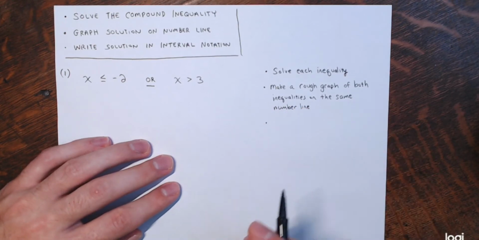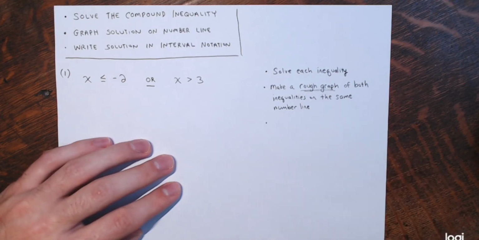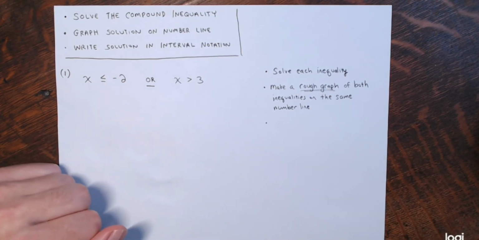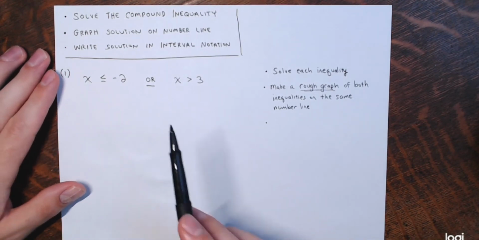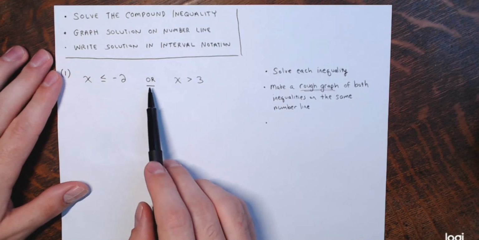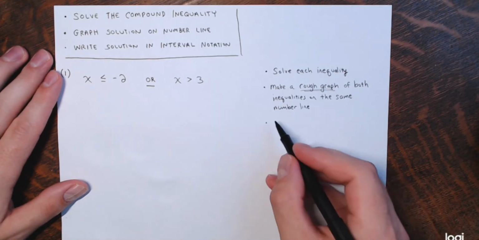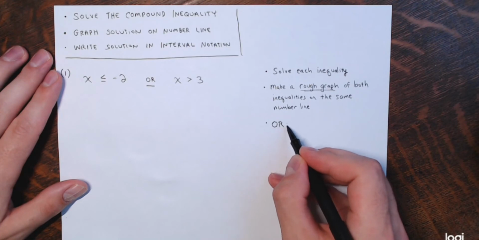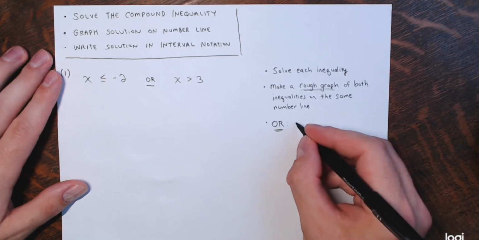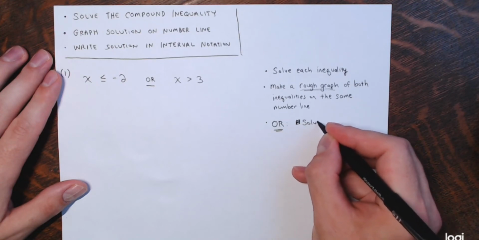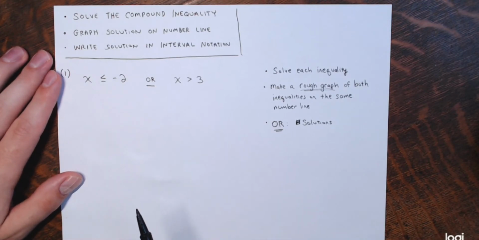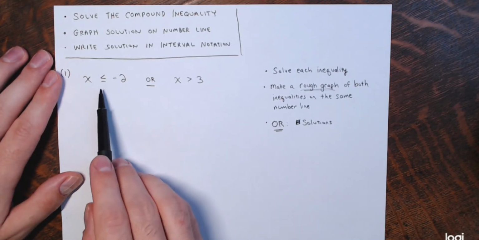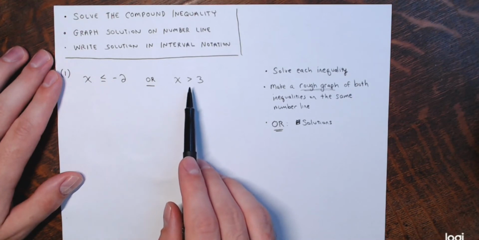I'm going to make a rough graph and then a final graph. Now the numbers that belong in the final graph, the solutions to a compound inequality where the word or is the connector. When you see the word or, this means that solutions are numbers that satisfy either inequality, either the first one or the second one, or both.